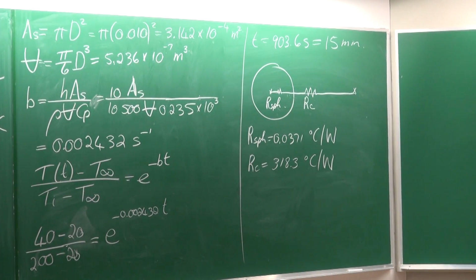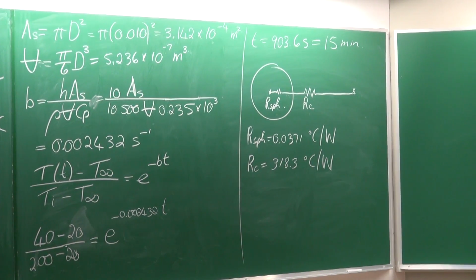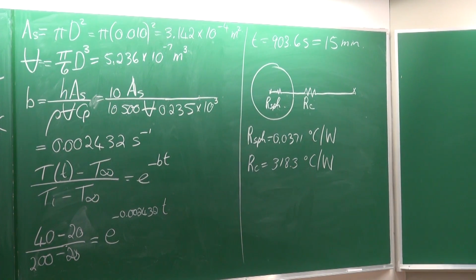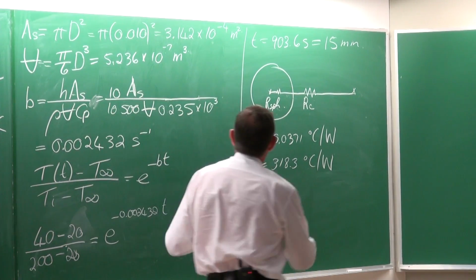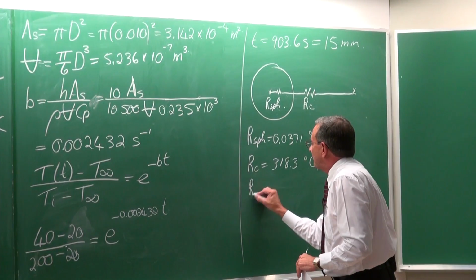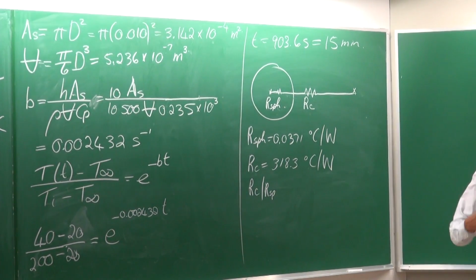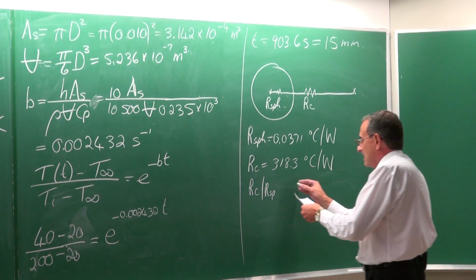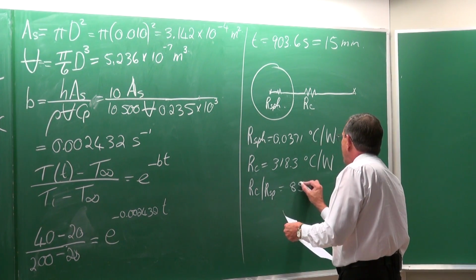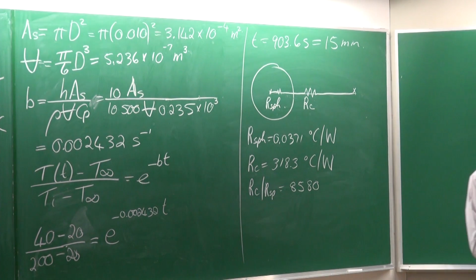So what is really going on here? What is going on is that this ratio of the convection resistance divided by the resistance of the sphere is equal to 8,580. Okay.